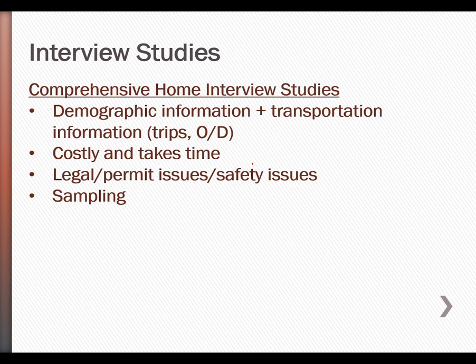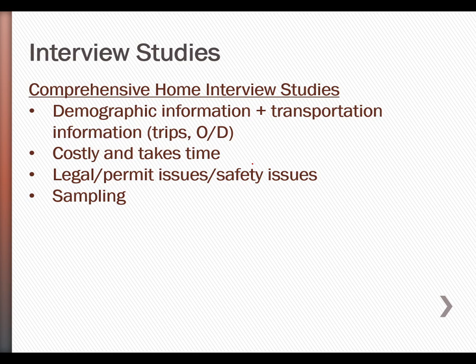We use it for more demographic information about people, income, and how many people, and also important for us is transportation information: where are you coming from, where are you going. It's costly, takes time, takes people to collect data, and we have some issues with legality and safety and privacy as well.